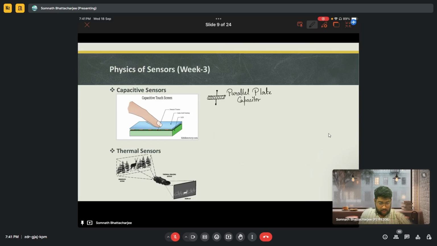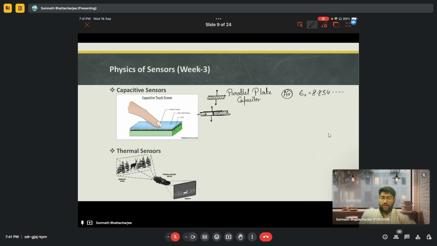It may be air, so the permittivity will be epsilon naught, that is 8.854 something. Based on this kind of capacitor principle, we can even detect the displacement of this block or those kinds of things.